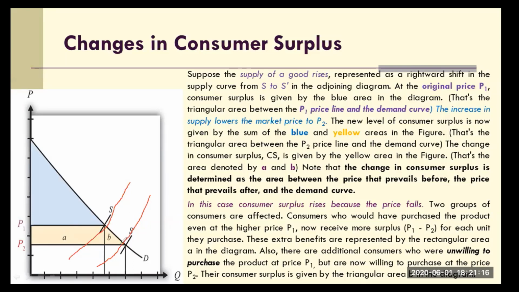As the supply increases, naturally the price declines to P2, here. So the yellow shaded area is added to the blue area.